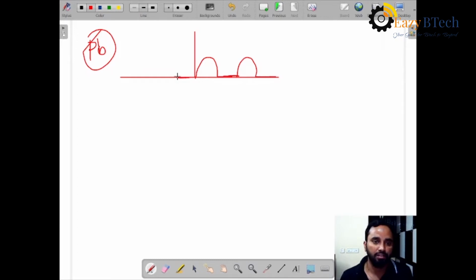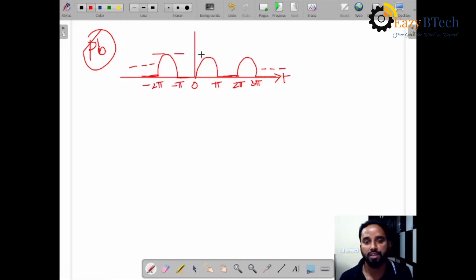Similarly, the left side also, and so on. So this is 0, this is pi, 2 pi, 3 pi, the x-axis is t, minus pi, minus 2 pi. The amplitude of the signal is a.